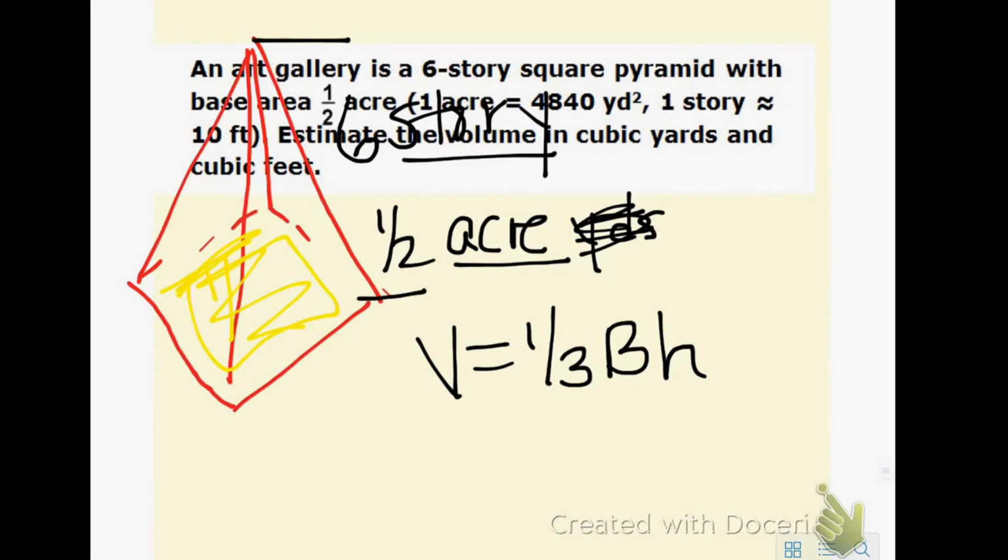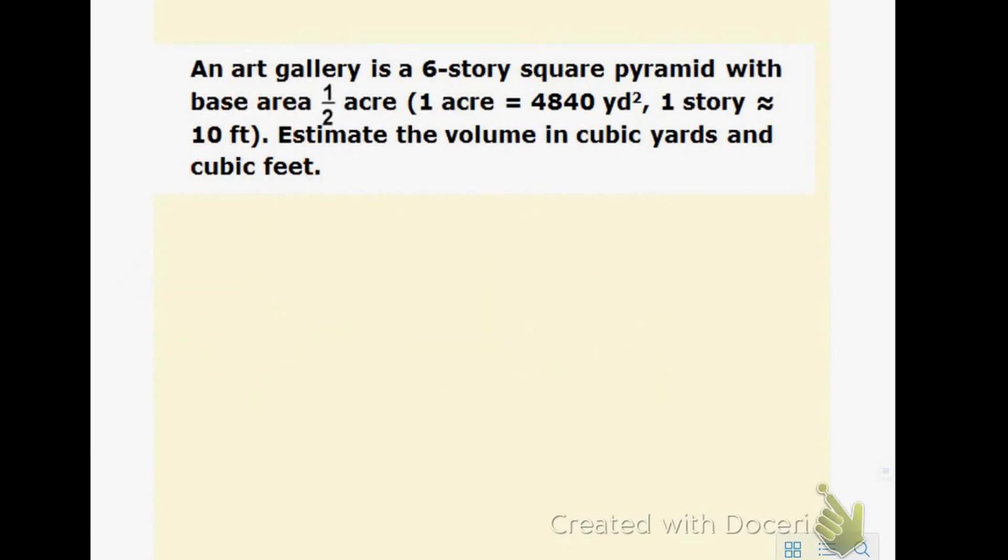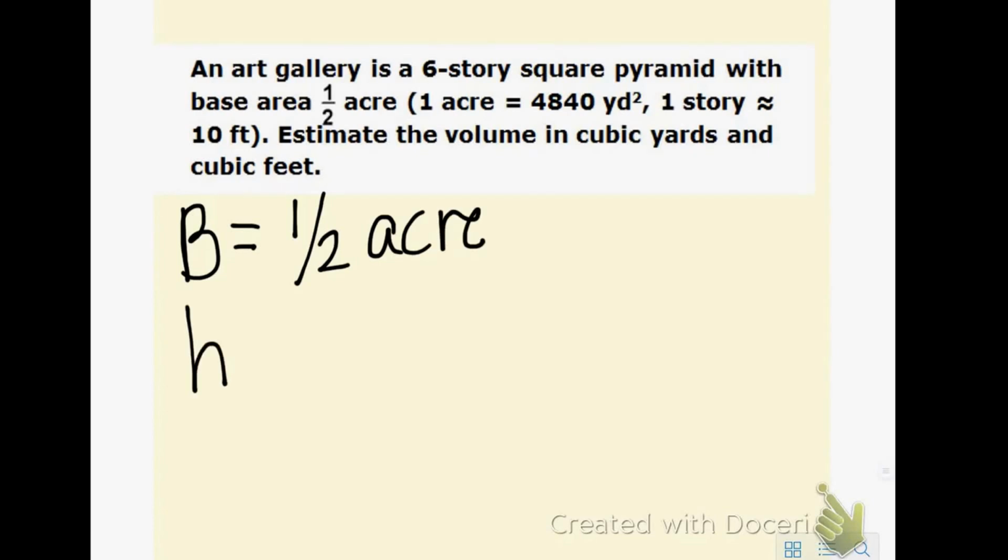They have to be in the same dimensions. So I take my picture. I know that my capital B equals half an acre, and I know my height equals 6 stories.